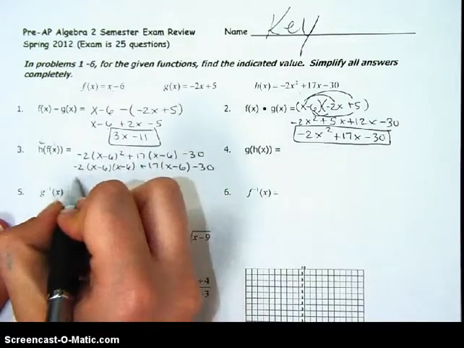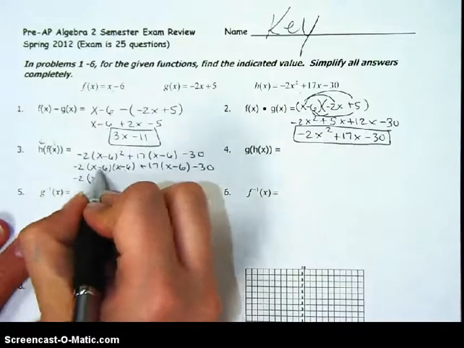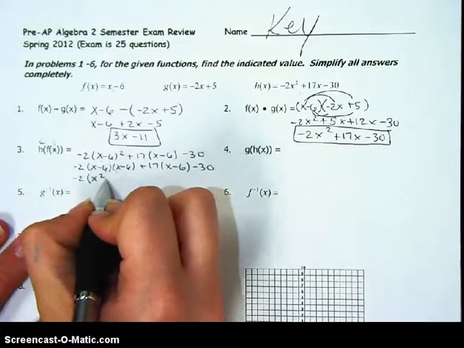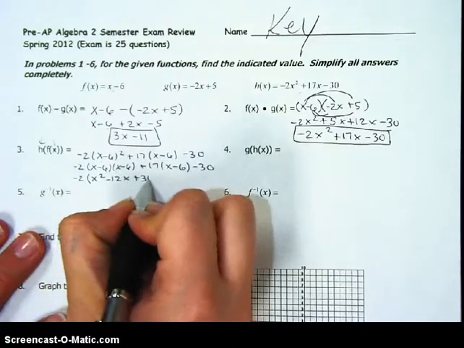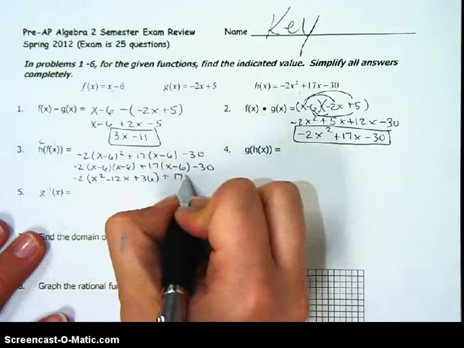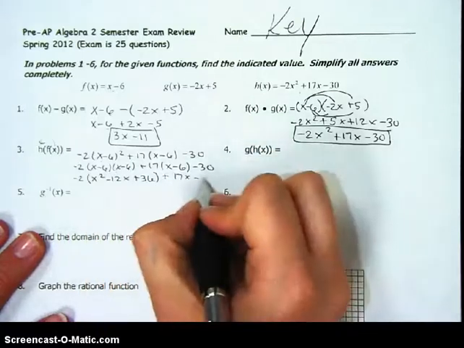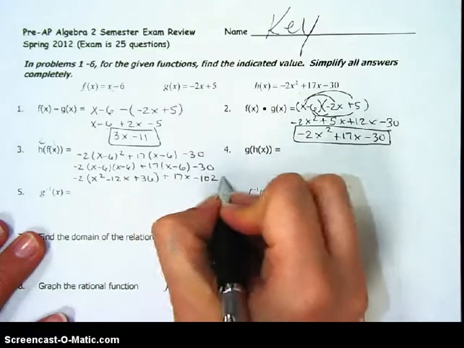When we distribute this out, we get negative 2, x squared minus 6x minus another 6x, so minus 12x plus 36 plus 17x minus 102 minus 30.